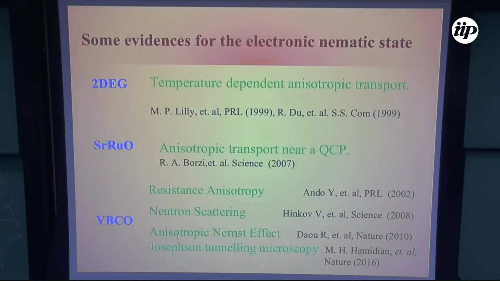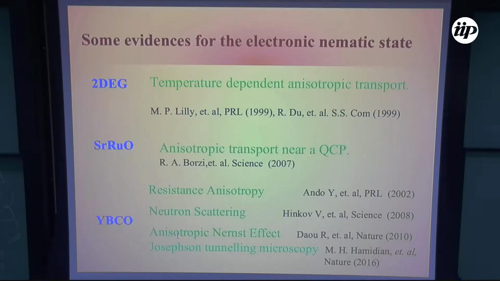One of the first systems was two-dimensional electron gases, when you fill higher Landau levels at half filling. There you see huge anisotropies in the transport, in the Hall conductivity or even the longitudinal conductivity, and the temperature dependence of this anisotropy is essentially like a second-order phase transition.